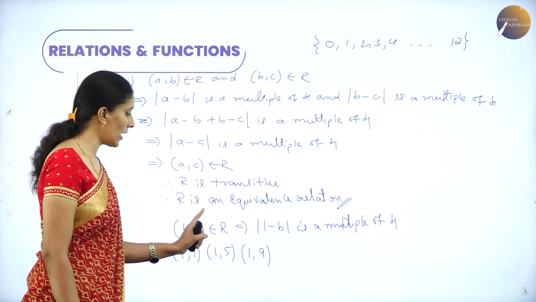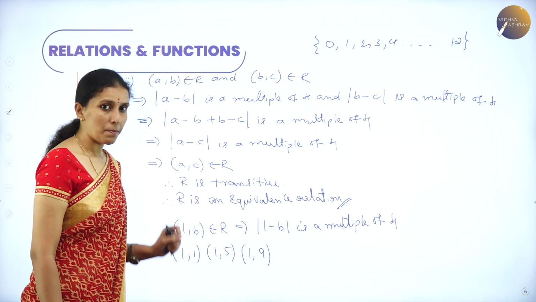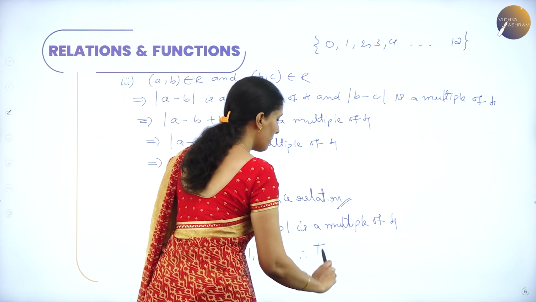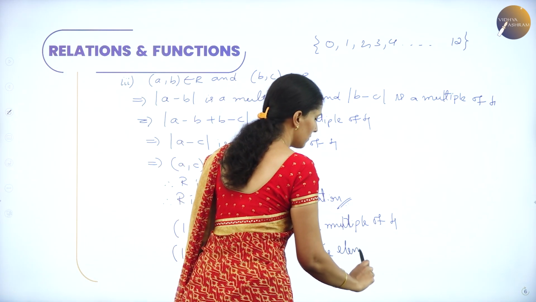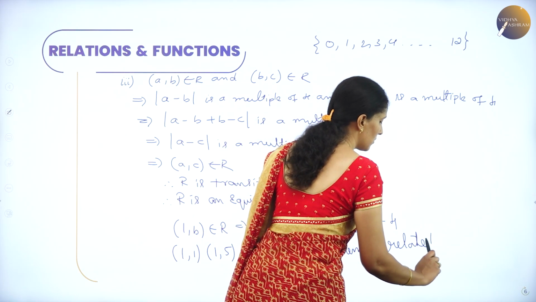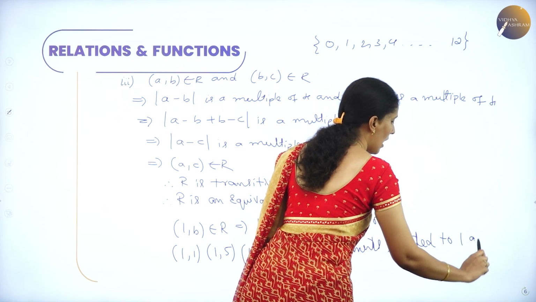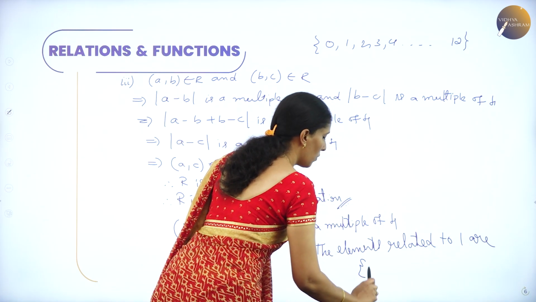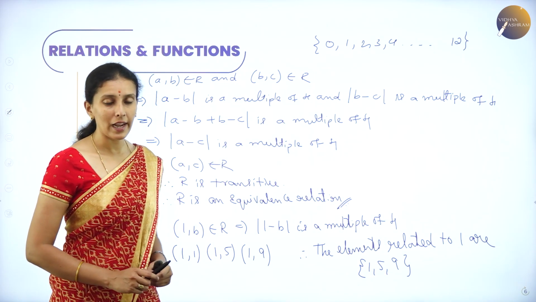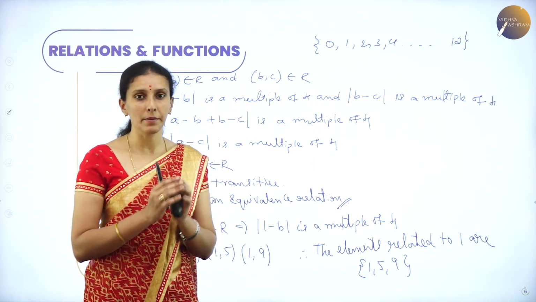So therefore the elements related to 1 are 1, 5, 9. So these are the elements I can relate to 1 so that it is a multiple of 4.